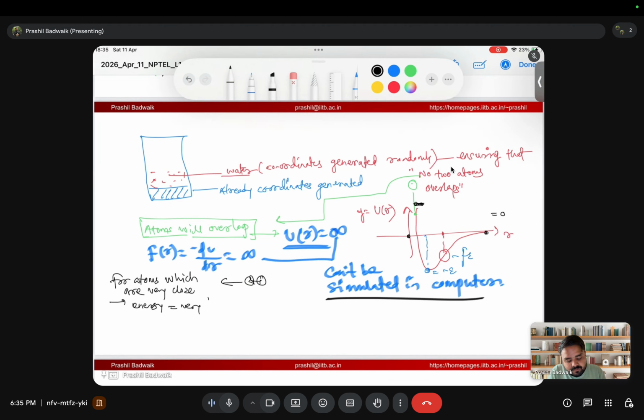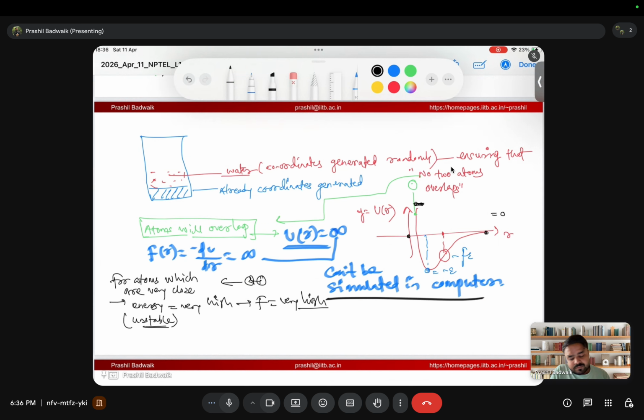Not infinity but a very high value, therefore force will also be a very high value. And if the force is very high, that means again the system is unstable. That's where we have to ensure these things, right?